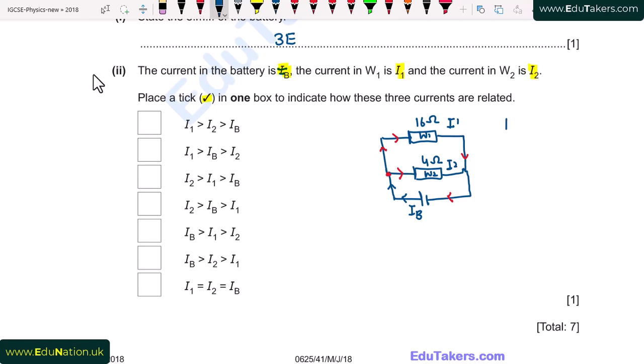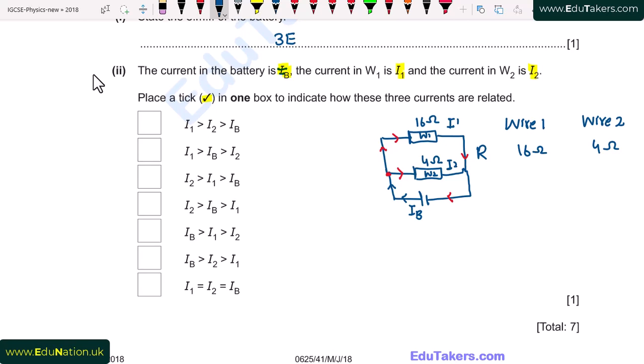I write here wire 1 and wire 2. The resistance of wire 1 is 16 ohms and the resistance of the second wire is 4 ohms. Now we have to find the value of current. Resistance is the opposition to the flow of current. We can simply say that at constant potential difference, the resistance is inversely proportional to current.